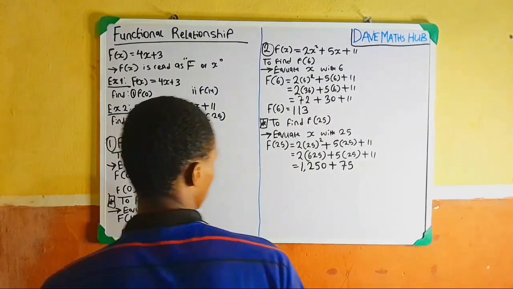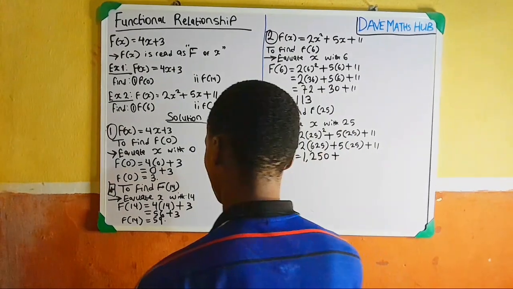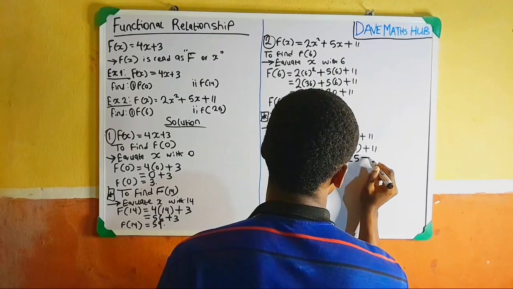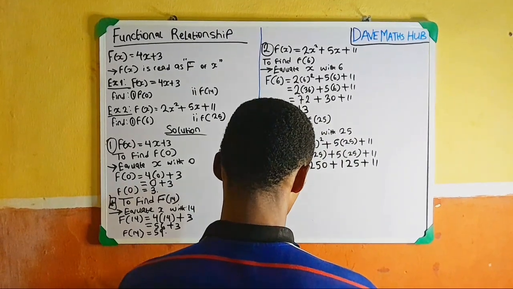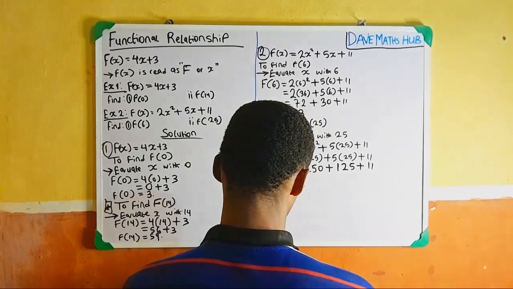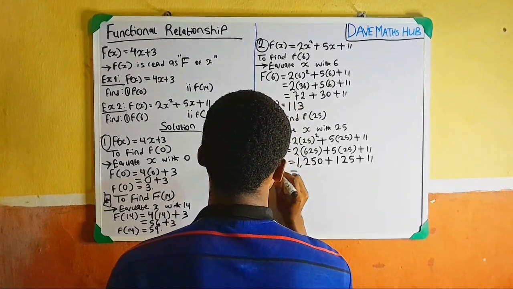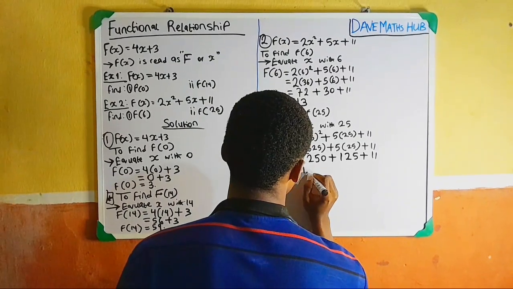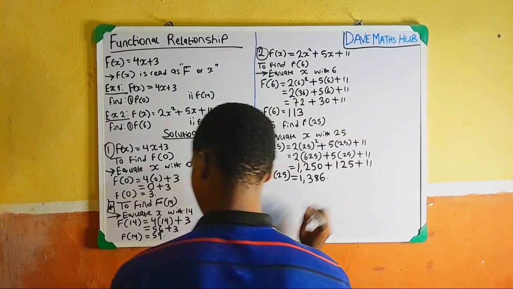Sorry, 5 times 25 gives us 125, plus 11. Thereby, 1250 plus 125 plus 11 gives us f of 25 to be 1386.